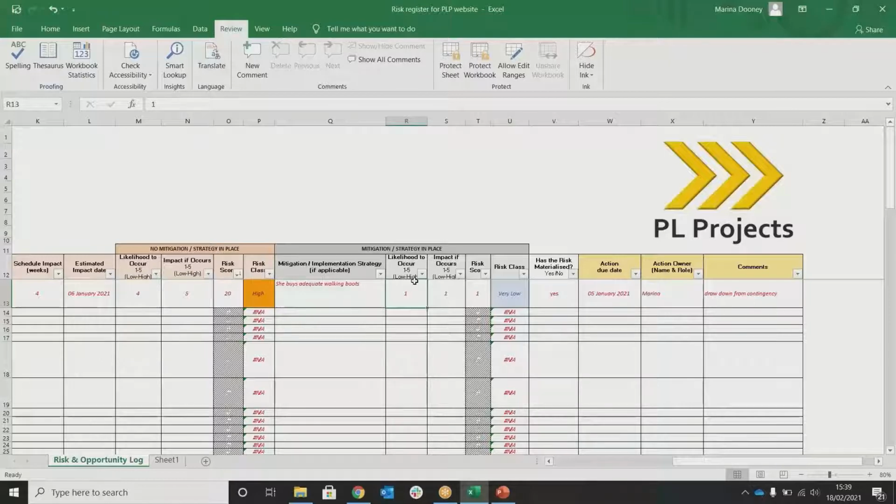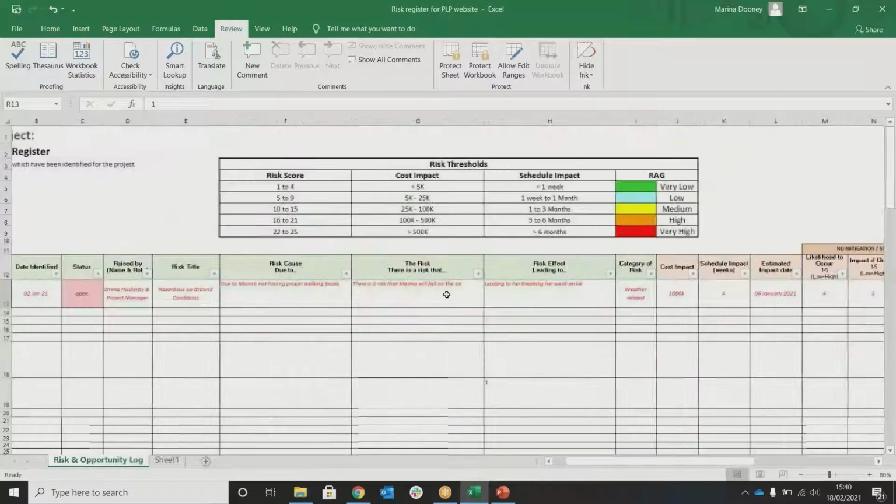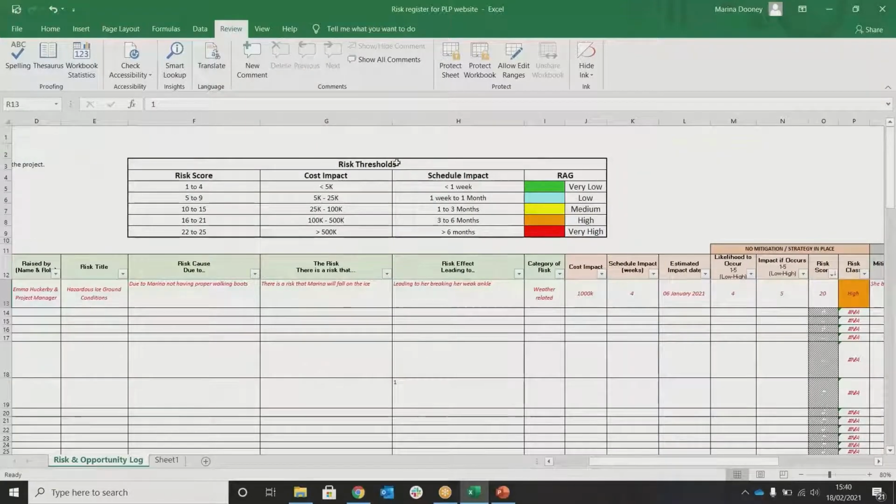So just to mention as well, which won't be clear because I've set it up as a formula, to find out your risk score, likelihood is multiplied by impact, which gives you your risk score, which then relates back into the top section with the risk thresholds. Again, this is entirely up to you.